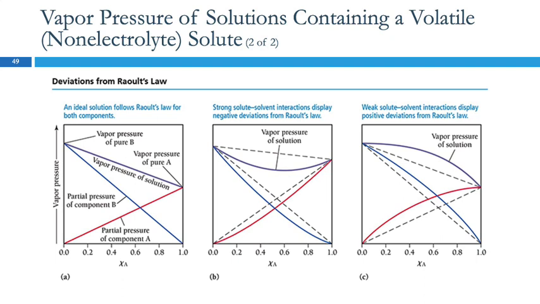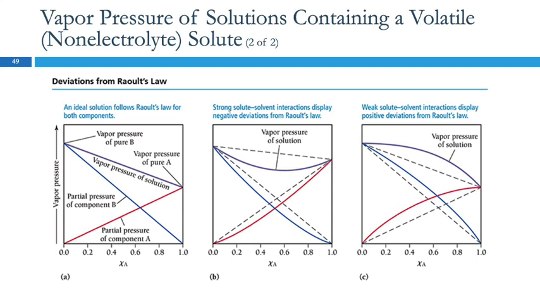If we have strong solute-solvent interactions, they are going to not want to evaporate as much. And so the vapor pressure for A is going to be lower. It's below that dotted line. That's what we expect. It's going to be lower because it kind of likes those other molecules and it doesn't really want to leave just yet. And for the other component, it's also going to be lower.